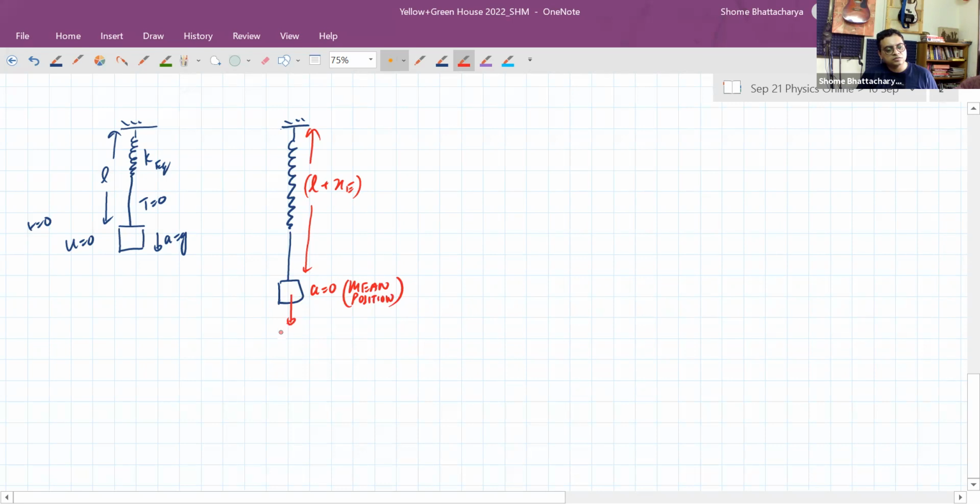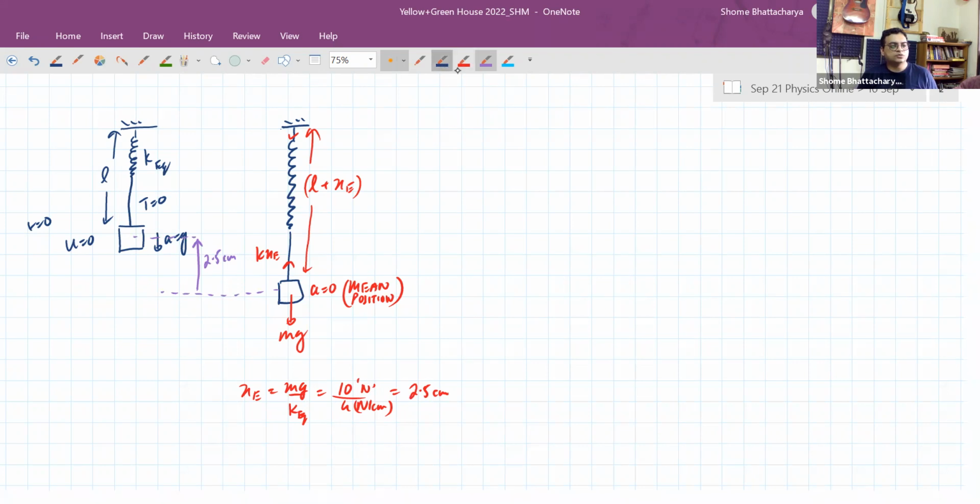So x of the equilibrium position is mg by k equivalent, which is 10 newtons divided by 4 newtons per centimeter. So it is 2.5 centimeters. With respect to the equilibrium position, the initial position is above by a distance of 2.5 centimeters.